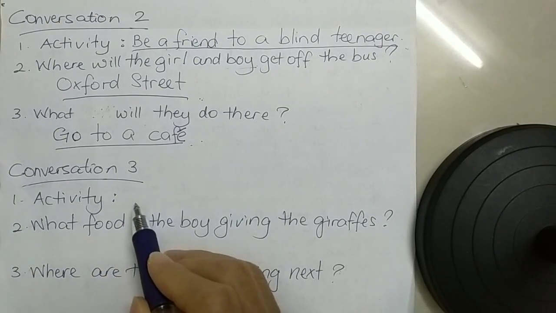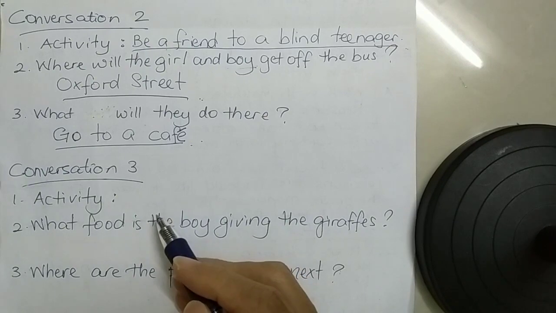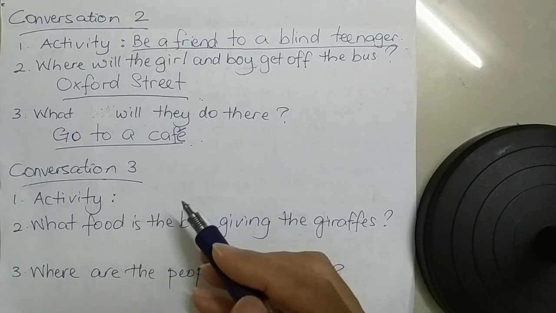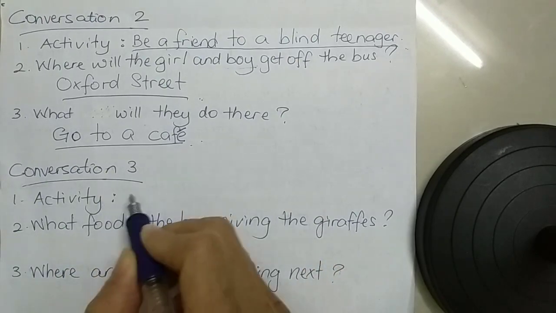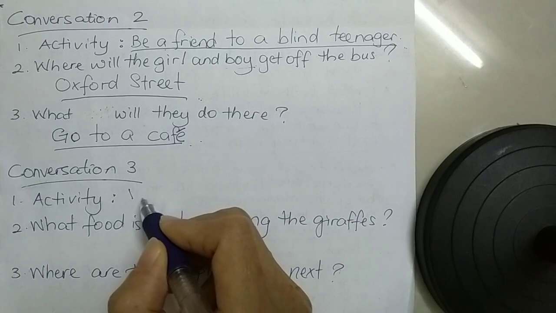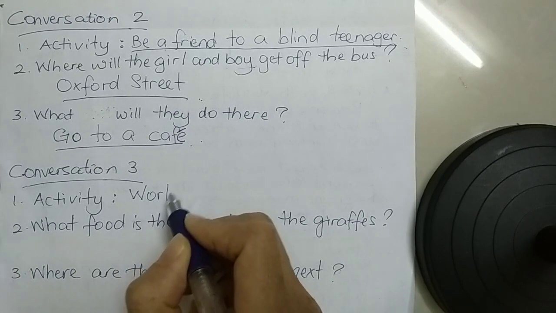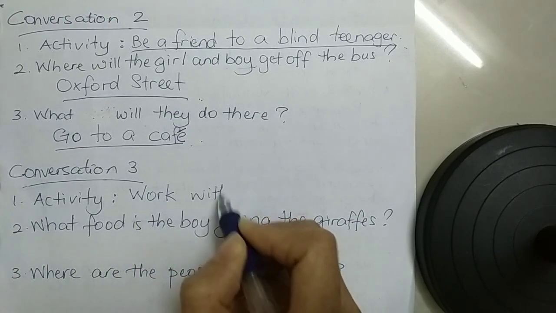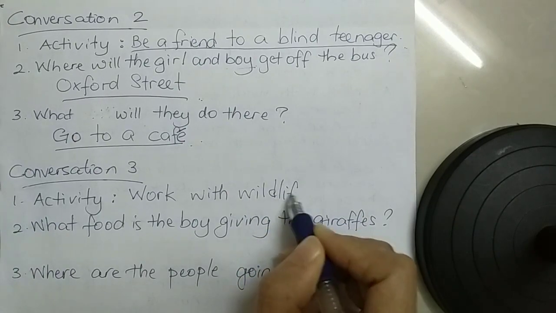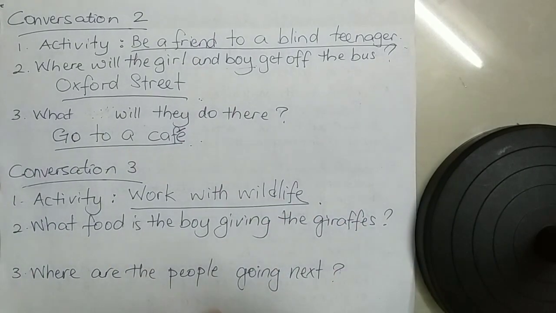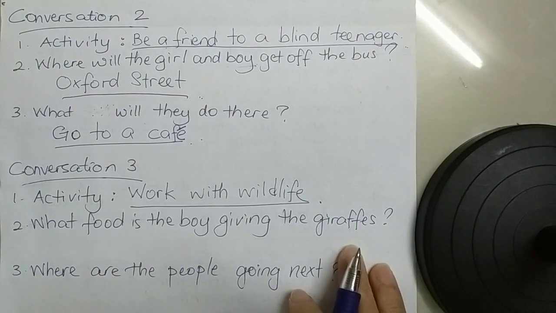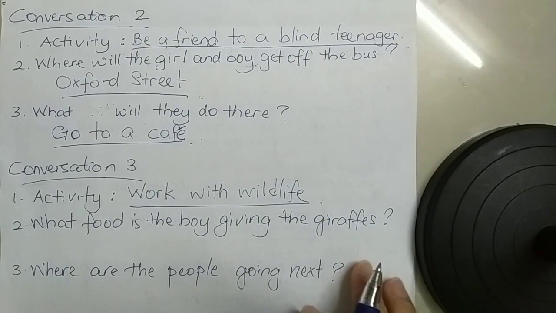So the activity has something to do with feeding animals, feeding the elephant. So here we would say work with wildlife. Two, what food is the boy giving the giraffes?